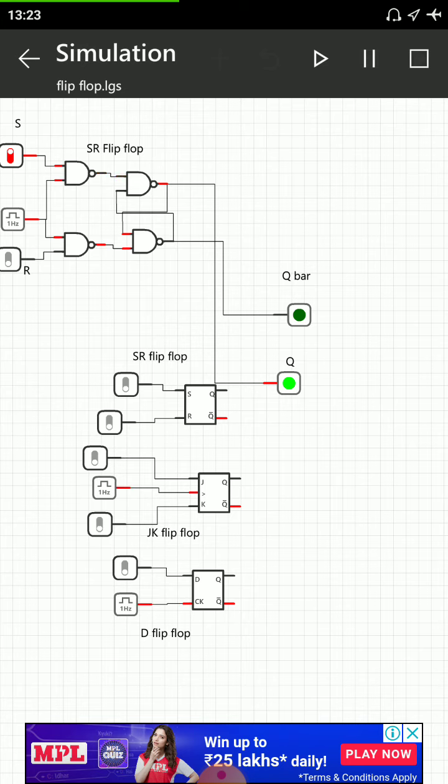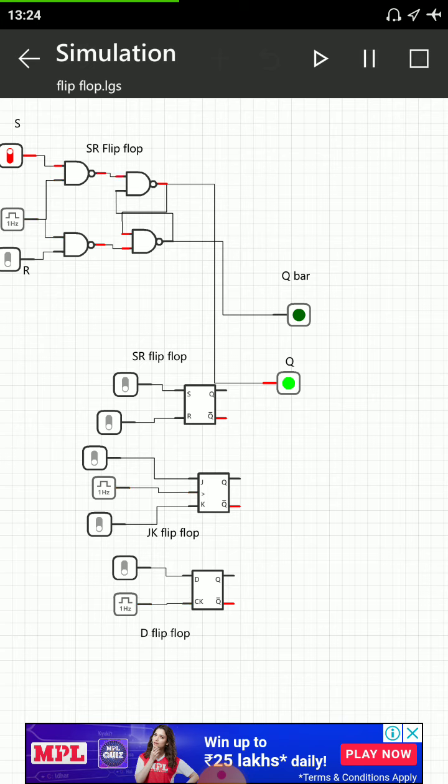This is completely depending upon the clock signal. You can observe the NAND gate next to the R switch. Output is always high because one of the inputs is 0.